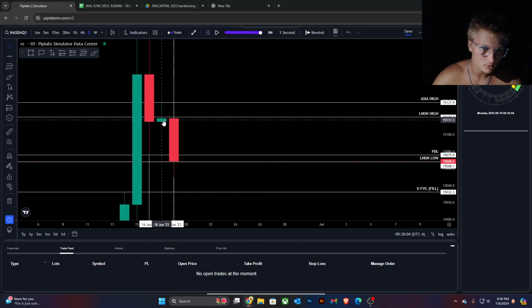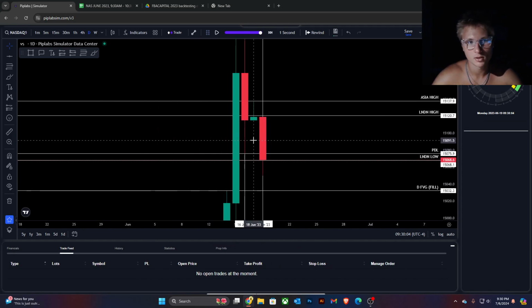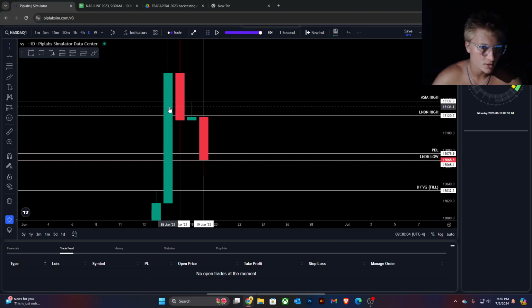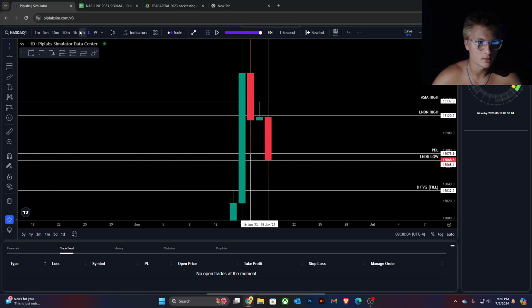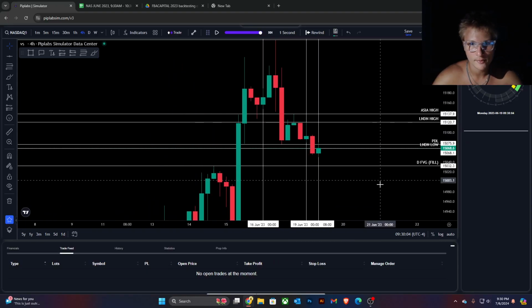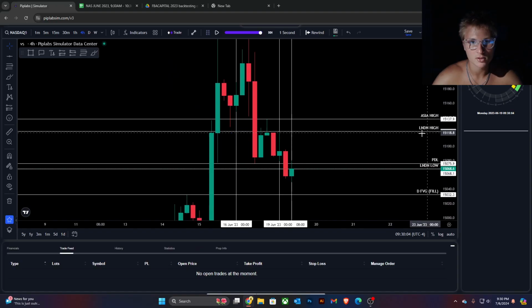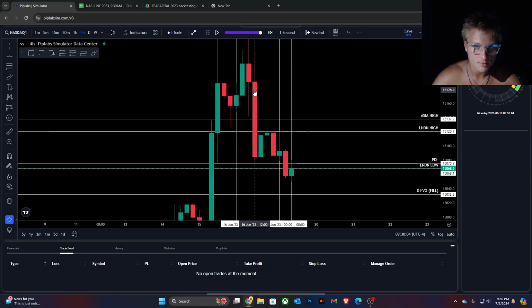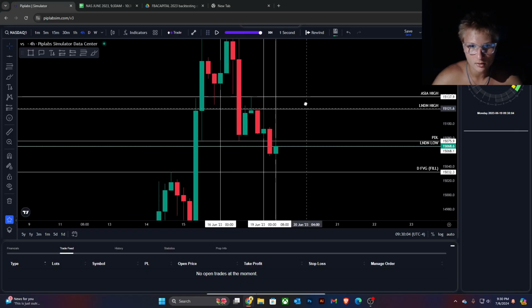Previous daily candle did close bullish, but the daily candle before that closed very strong bearish, and the 4-hour had a change in market structure, or a break of structure right here with this big displacement candle down. Price retraced, almost fully filled this 4-hour gap, continued down.